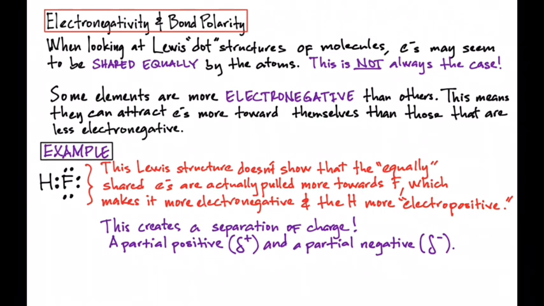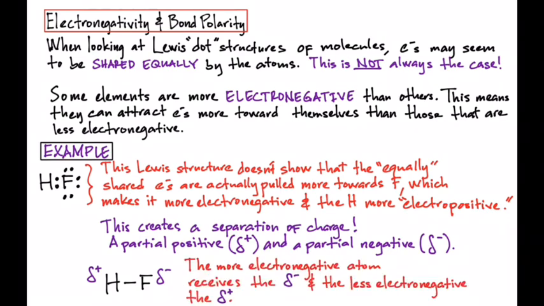Because technically, these are not ionic, these are not ions, right? This is not an ionic compound. And so they can't have a full charge. So they call them partial positive and a partial negative. So the fluorine in this case will receive that partial negative, and the hydrogen will receive the partial positive because it's more electropositive, whereas the fluorine is the more electronegative atom.